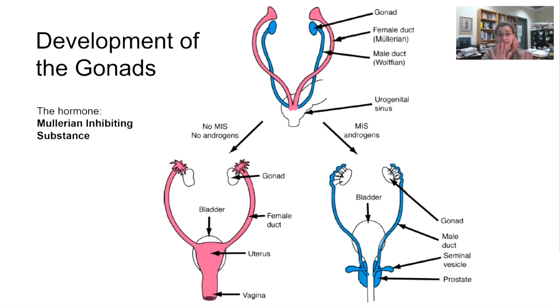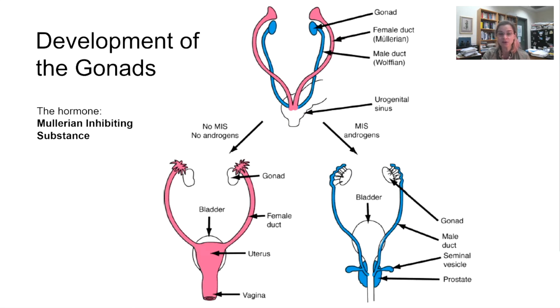That's how you end up with those differences between the ovaries and the testes and the structures that go with those. You can see them sketched out here in the illustrations. The testes start to release that Mullerian inhibiting substance, MIS.